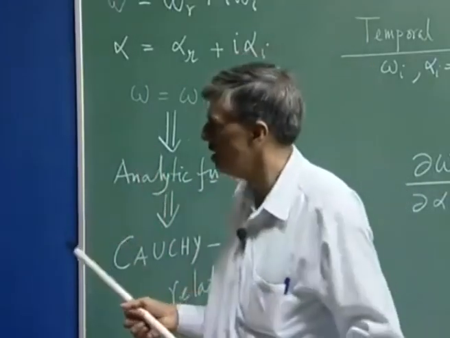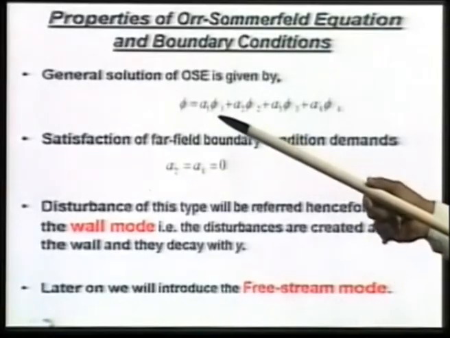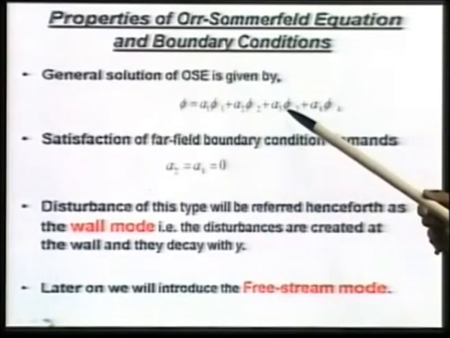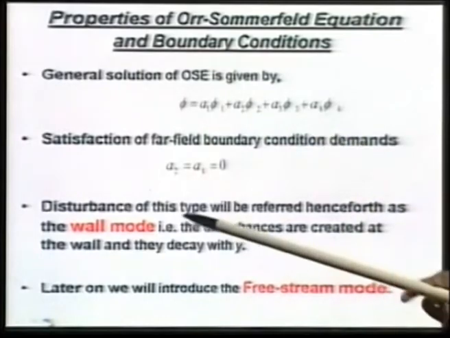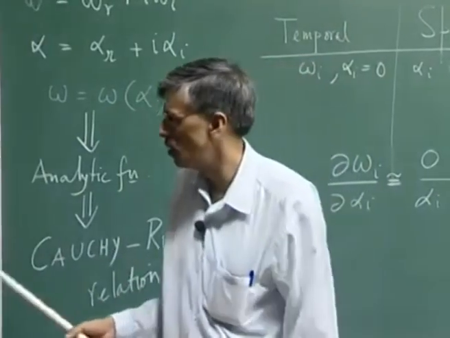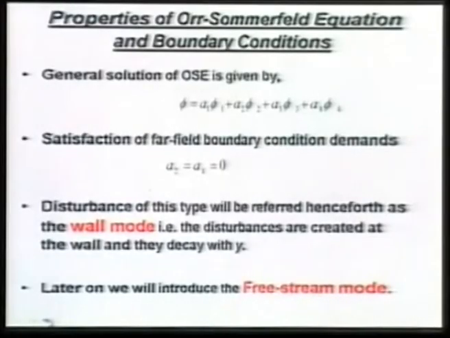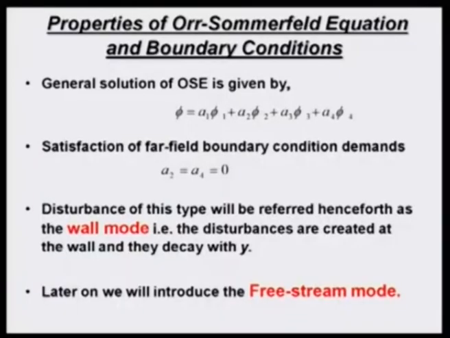So, that is why the solution which will be composed of A1 phi 1 and A3 phi 3 we will call that the wall mode. You know the reason now why we call this wall mode, right. So, the disturbances may be created at the wall or near the wall, but they decay with y. That is why we are calling them the wall mode.